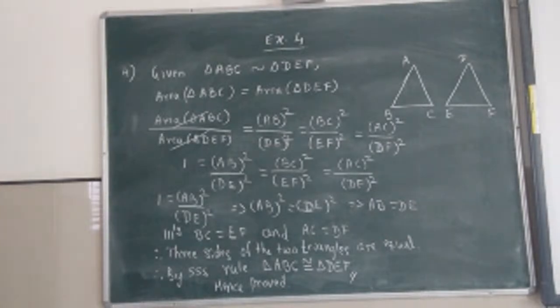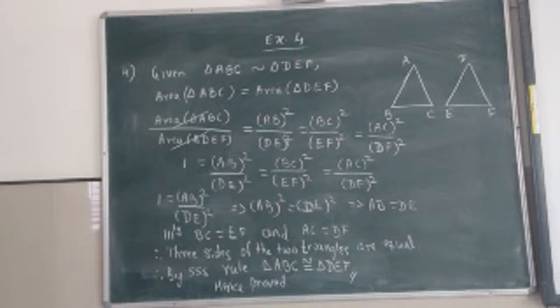Let's look at the steps once again. The areas of the two triangles are equal, it is given, and the triangles are similar. So when you apply the theorem, area of triangle ABC by area of triangle DEF equals AB square divided by DE square, equals BC square by EF square, equals AC square by DF square. And since the areas of the two triangles are equal, the two terms get cancelled and the remaining is 1.